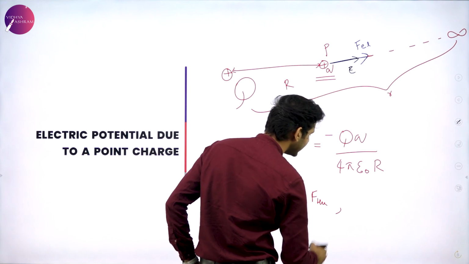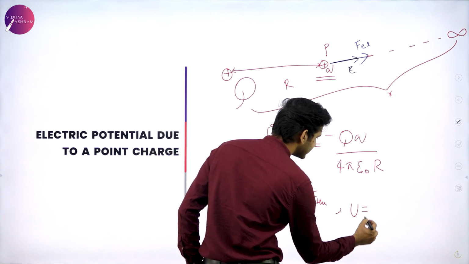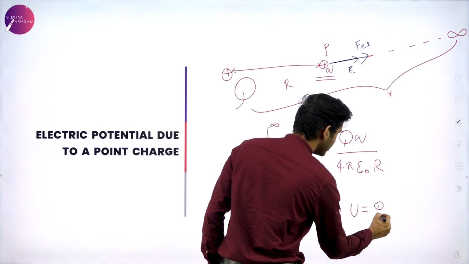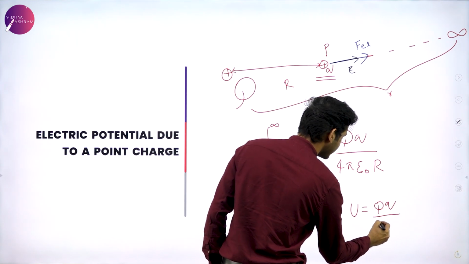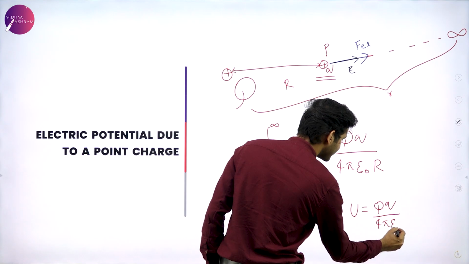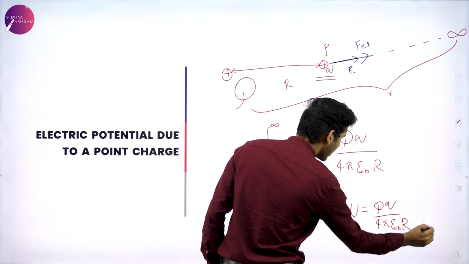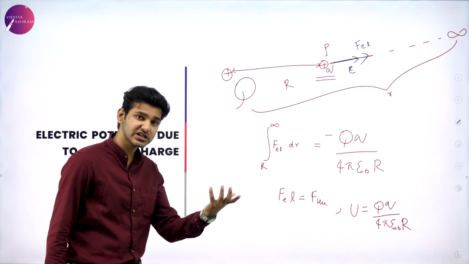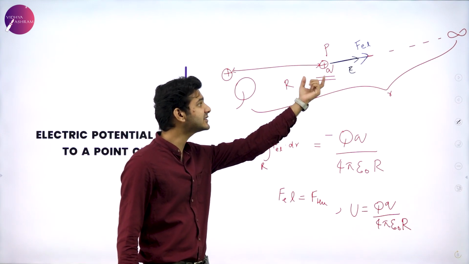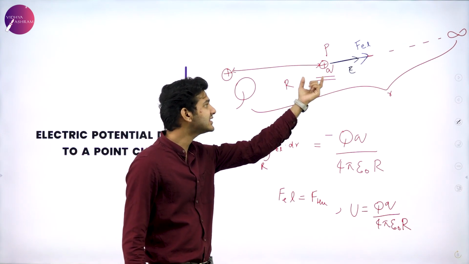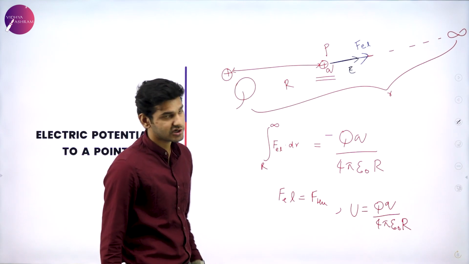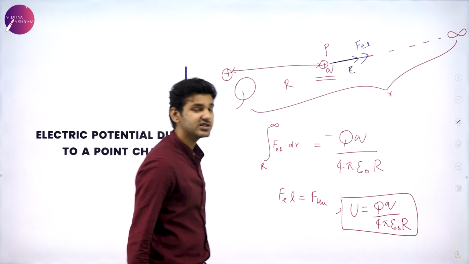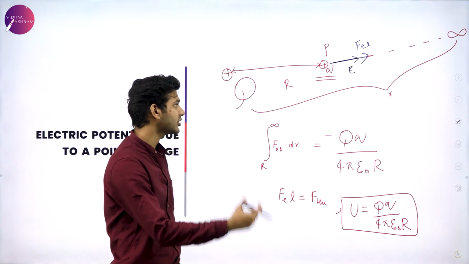So we can simply write U, the potential energy, is equal to Qq divided by 4 pi epsilon naught R. And this is the energy, or the potential energy, required to keep this particular point charge in space near another point charge. And this is the way we find the potential energy of a point charge.